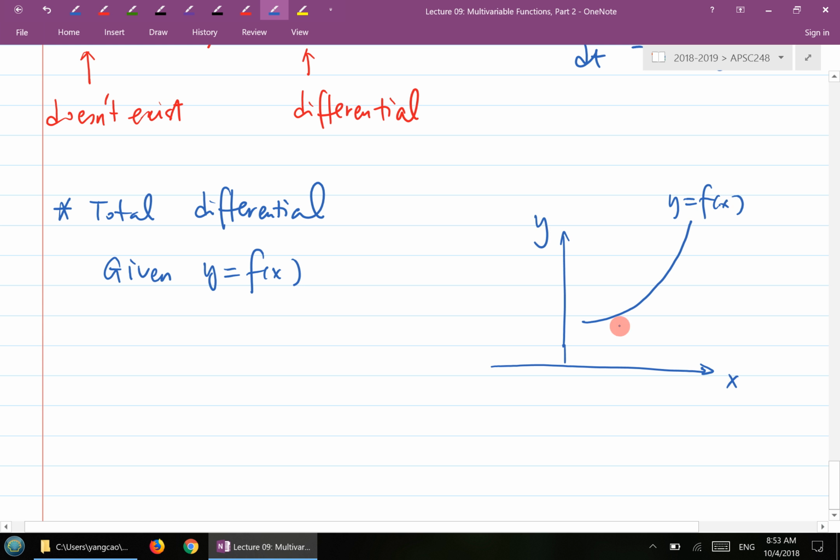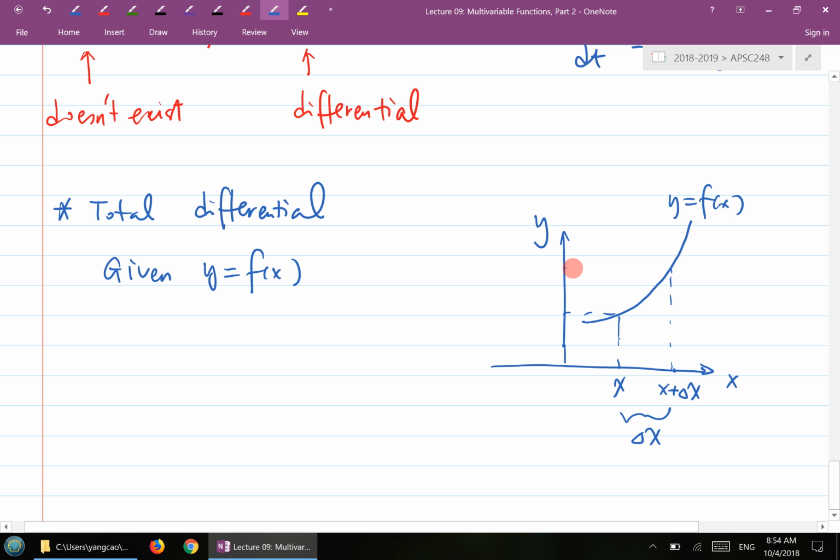If I start from a location x and go to a location x plus delta x, so there's a small increment of delta x here, then x corresponds to f of x, and x plus delta x corresponds to this one here.